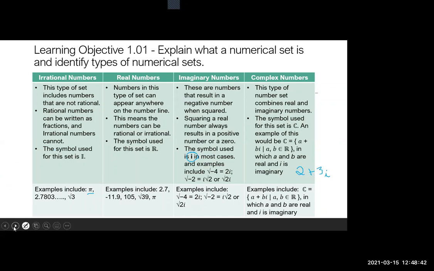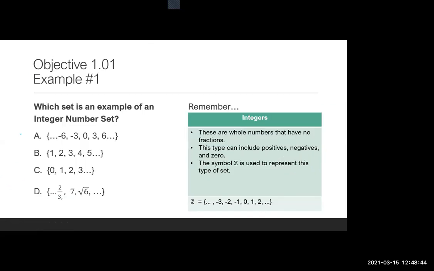Okay. So how would those types of questions be asked? What kind of questions am I going to see about the number systems? Well, I'm glad you asked. Here's the first example. Which set is an example of an integer number system? Remember from our chart that integers are whole numbers with no fractions.